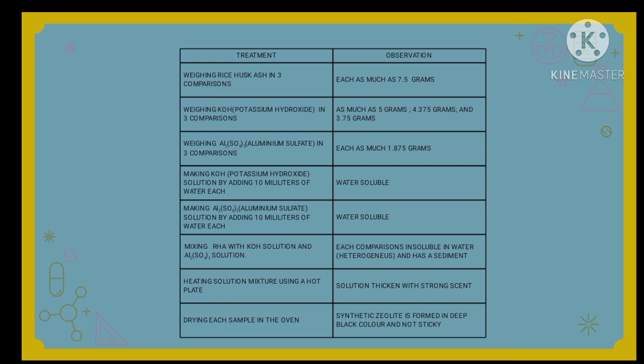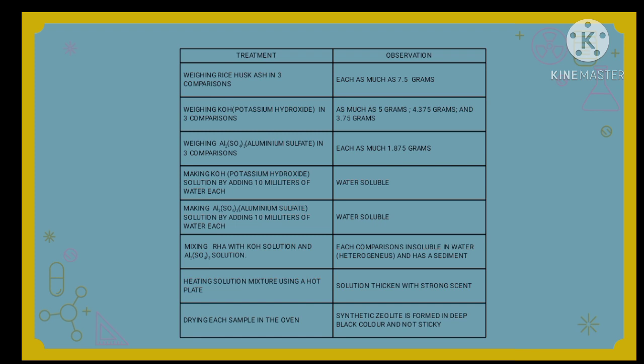The observation: water soluble. Next treatment: make the Al2SO4 solution by adding 10 ml of water each. The observation: water soluble. Treatment: mix RHA with the KOH solution and Al2SO4 solution.